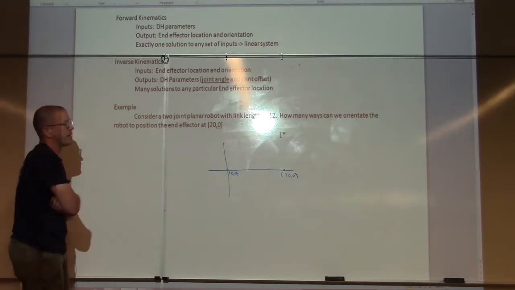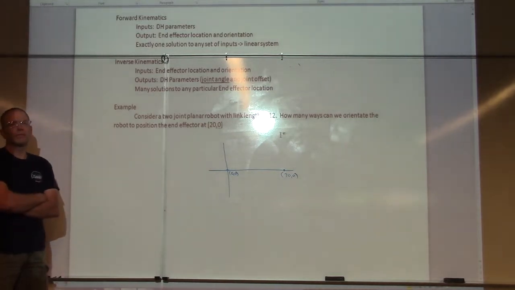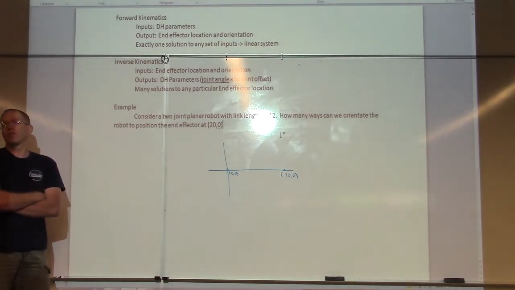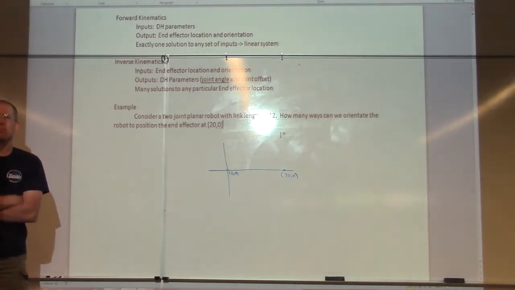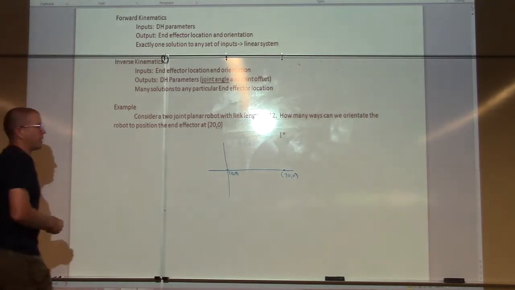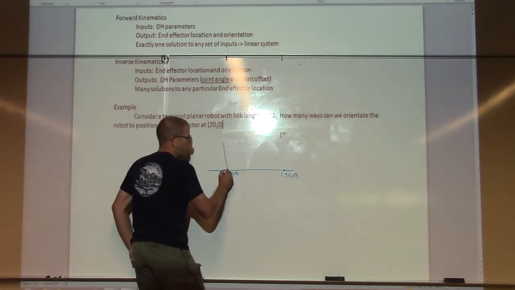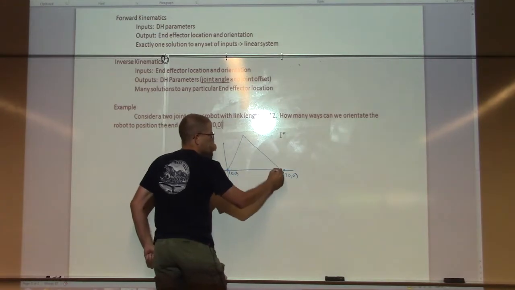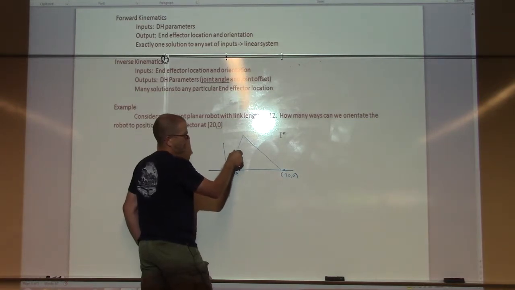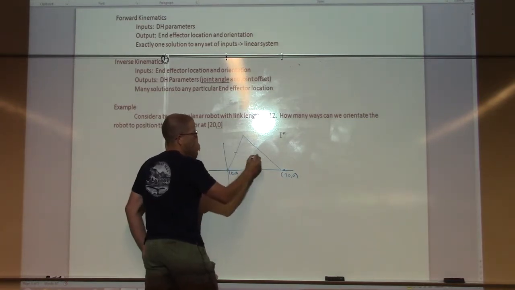How the heck can we do this? Well, how many solutions are there for one? There's two, right? And I am attempting rather poorly to indicate that these two links are the same length.